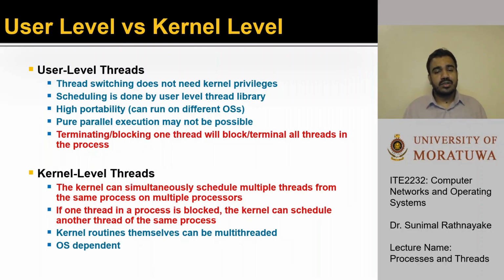If you have multiprocessors, you can have them executing in parallel, or you can give better scheduling to threads, because the kernel sees all the threads coming from the processes. If one thread in a process is blocked, the kernel can schedule another thread in the same process. So no problem. You don't need to block the whole process like in the user level thread.